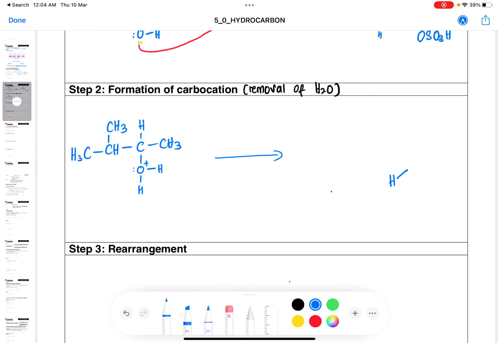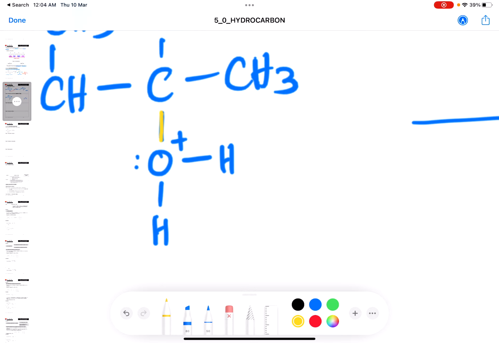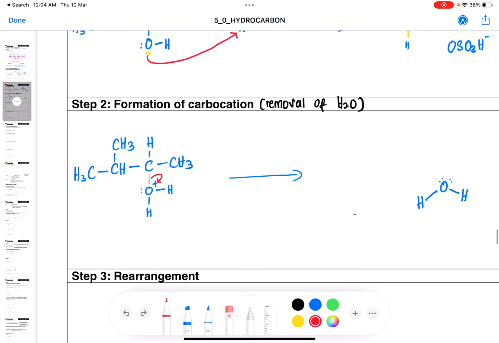So what will happen? Now this bond, between C and O, will undergo heterolytic cleavage. O is more electronegative, and thus both of the electrons will be given to oxygen. When 2 electrons are given to oxygen, that is where H2O is formed. And the rest we are going to get this.